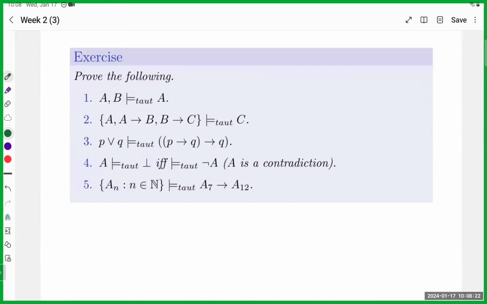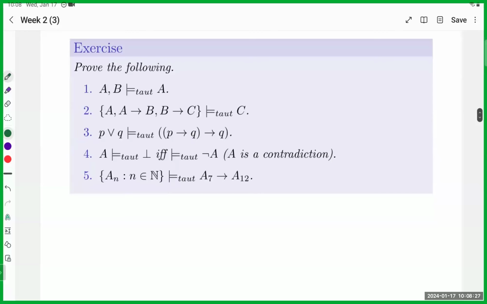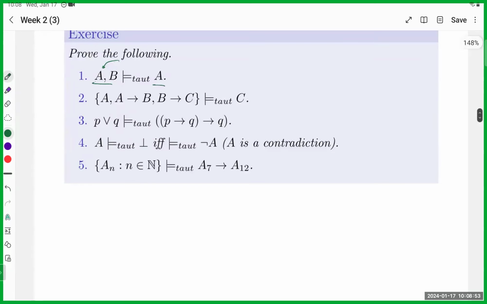To a few exercises. Here, prove that A and B tautologically imply A. This is again a trick question because A is one of the hypotheses. So any set that contains a formula A would tautologically imply A, because you can conclude A if A is your hypothesis. But you could write the proof precisely.